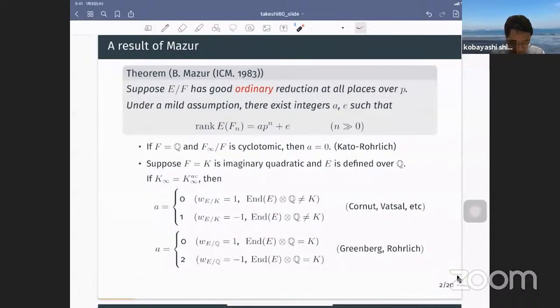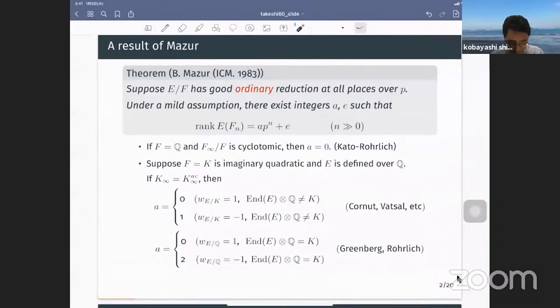In the generic case, a is 0 or 1, depending on the root number over K. In the root number -1 case, actually, we have a lot of points of infinite order, and they come from Heegner points, essentially. In the second case, the root number over K is always +1 because it has CM by K, so the rank must be even.